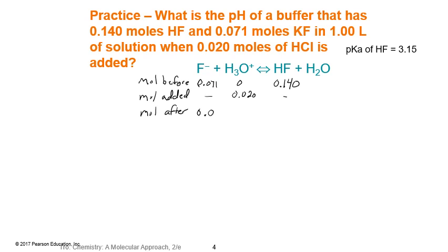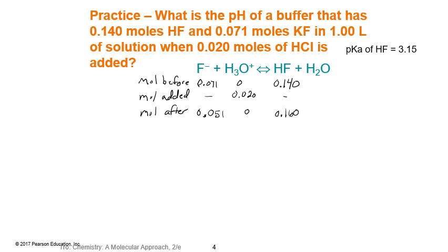So we're going to end up with 0.051 moles of F minus. That acid is going to be completely used up and converted into the acidic form, so we add the 0.02 moles to the acid. We subtracted it from the base and added it to the acid.